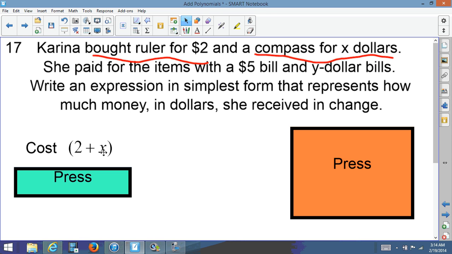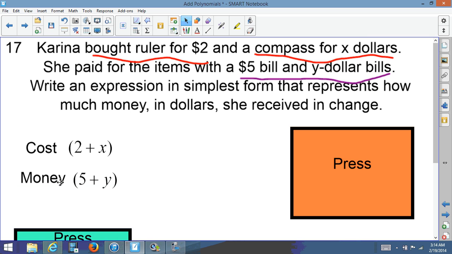We would add that together to find out how much she spent. And it says she paid with the $5 bill. So she paid the cashier with a $5 bill, and she also gave Y dollar bills. So the money that was given was 5 plus Y dollars.